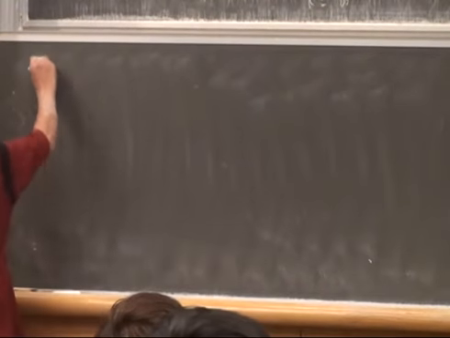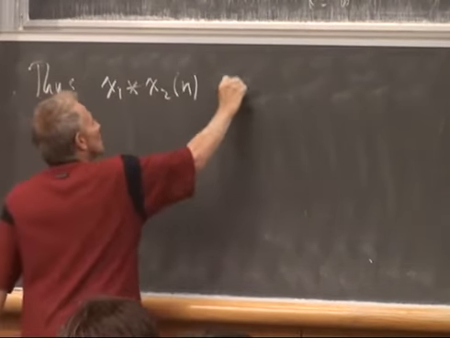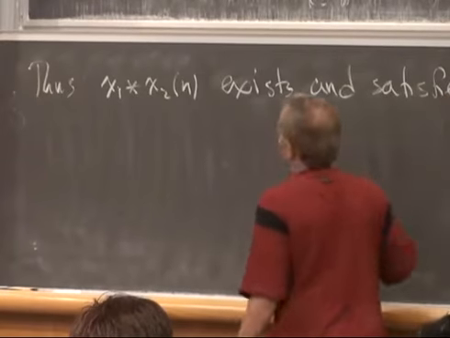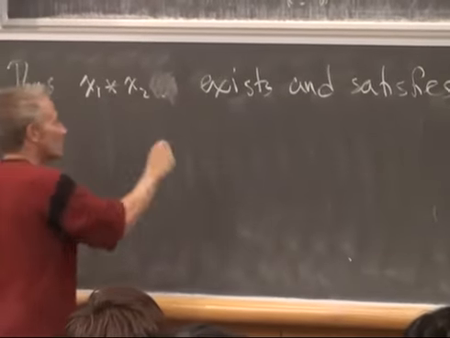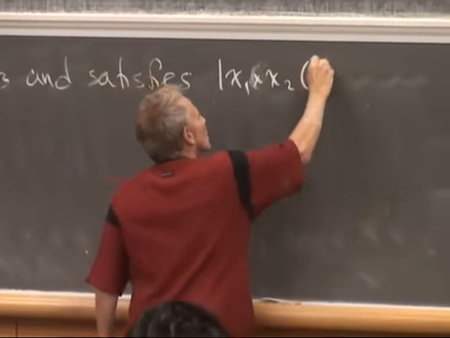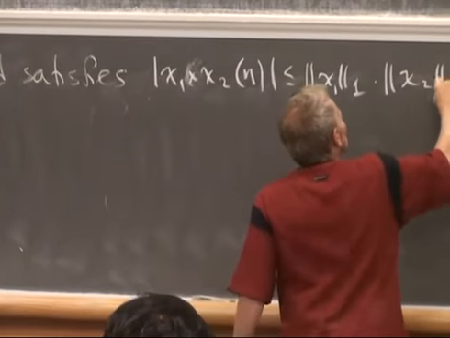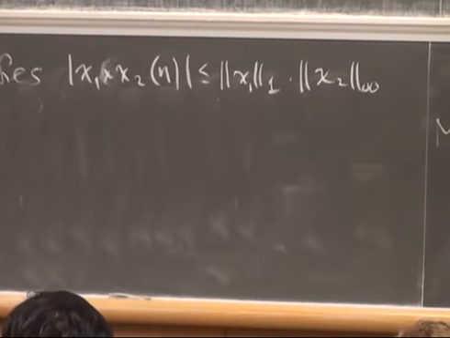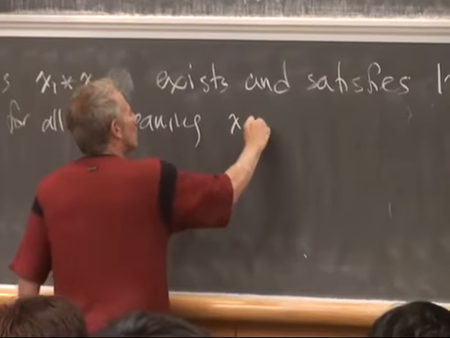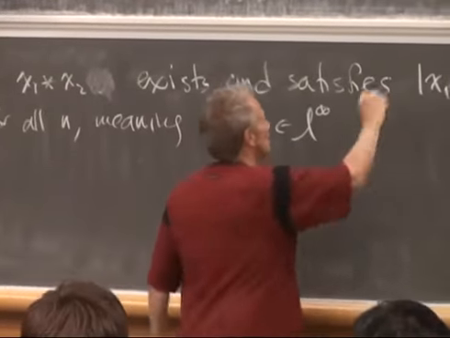So thus, x1 convolved with x2 exists and satisfies: the absolute value of x1 convolved with x2 at time n is less than or equal to the x1 one norm times the x2 infinity norm for all n, meaning that x1 convolved with x2 itself is a bounded signal. It's in L infinity, and its infinity norm satisfies the indicated inequality.